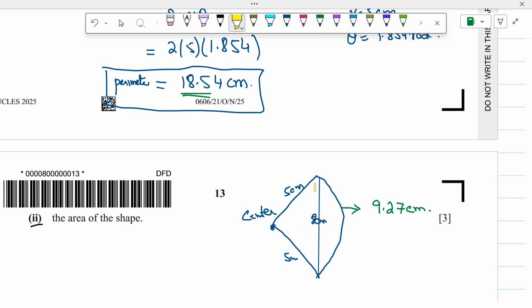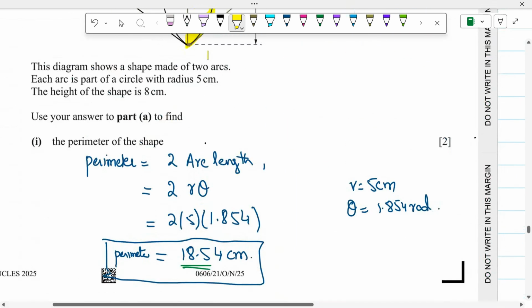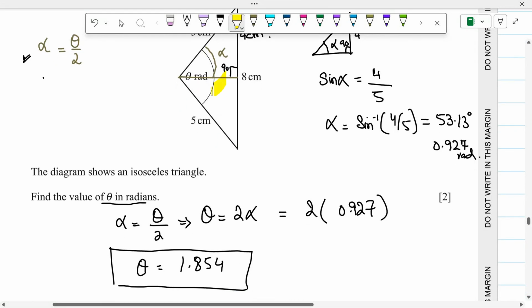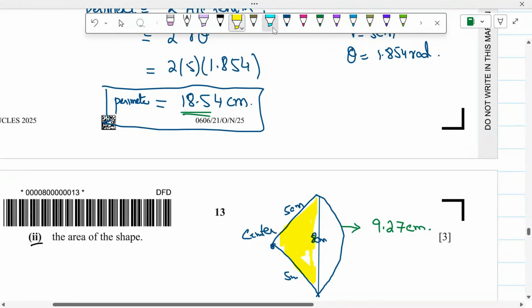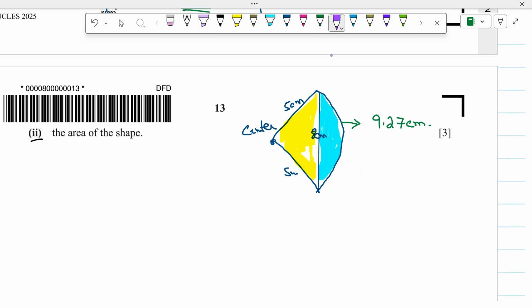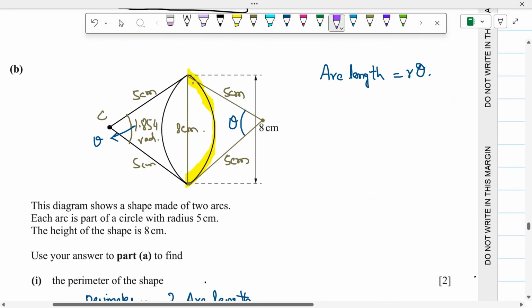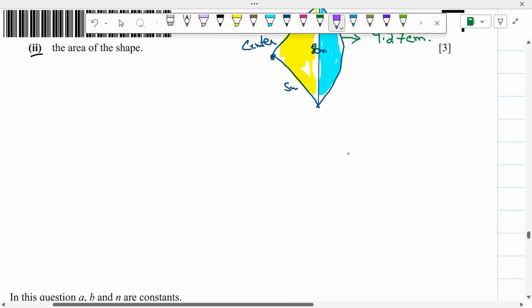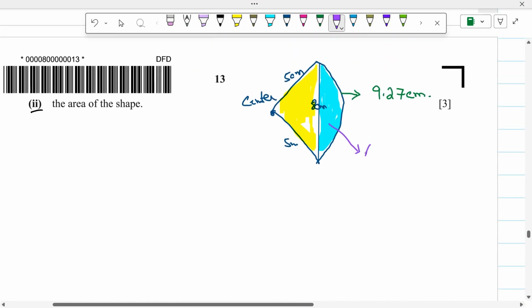Now, this is the triangle which we solved in part A, and this is half of the shape. We need to find the area of this region.